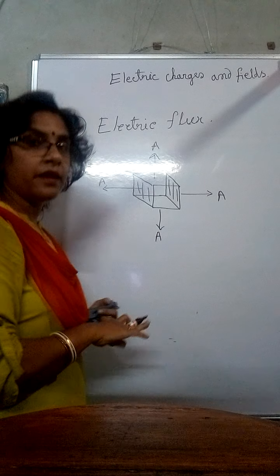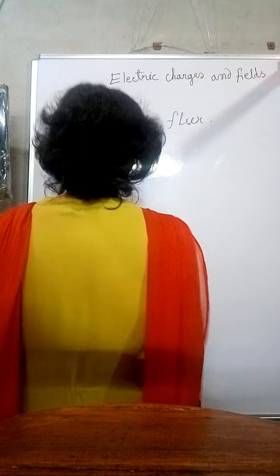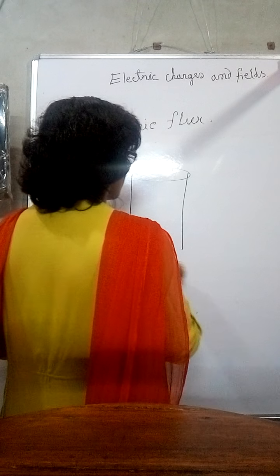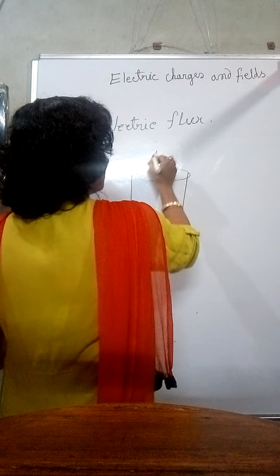If you consider a cylinder, then also its area vector will be directed outwards. In this way, the area vector for three-dimensional cases will always be directed perpendicularly outwards from the surface.